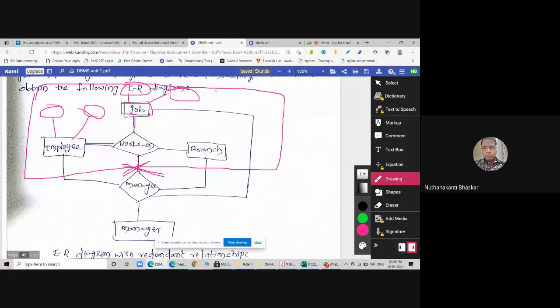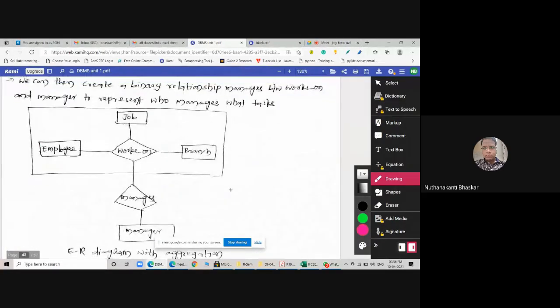Now employee works on branch, job works on branch. Now employee manages manager, job manages manager, branch manages manager. That means we have to aggregate this. This is aggregation.